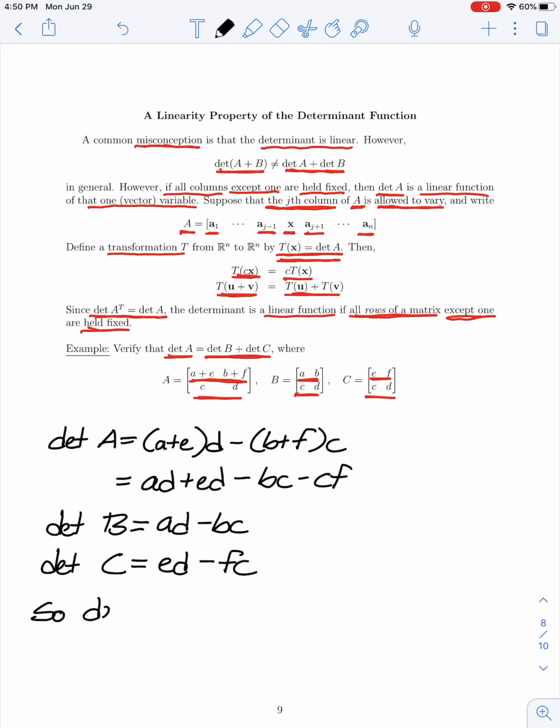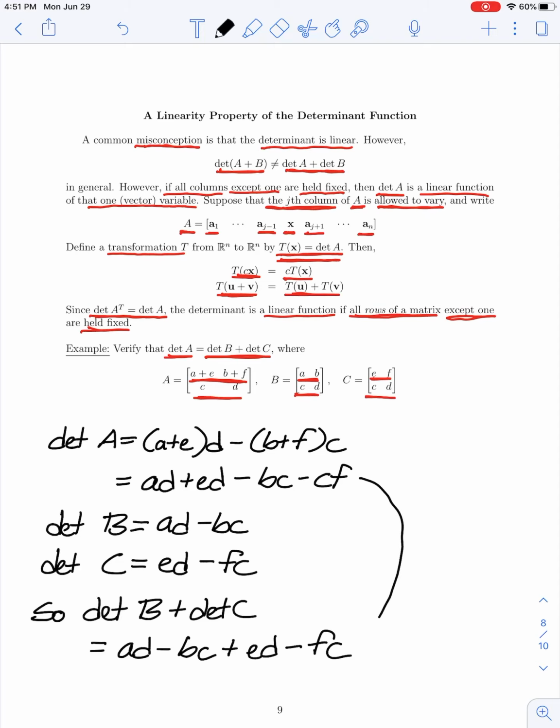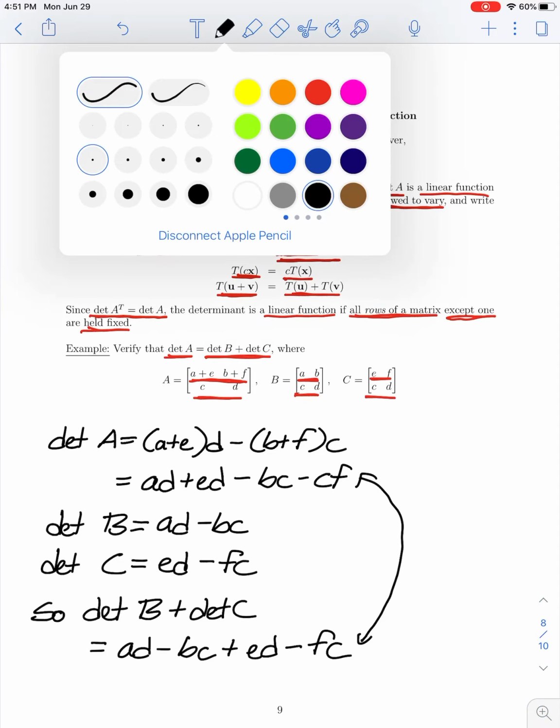So taking the sum of those terms, determinant of B plus determinant of C, we have AD minus BC plus ED minus FC, and that is exactly the same expression that we found above.